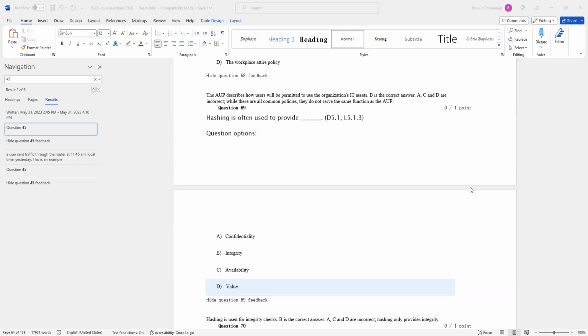So that is why hashing is often used to provide integrity. It's a form of encrypting and scrambling the text and then sending it on to an authentication server to verify that the information provided is correct. So it verifies the integrity of data.